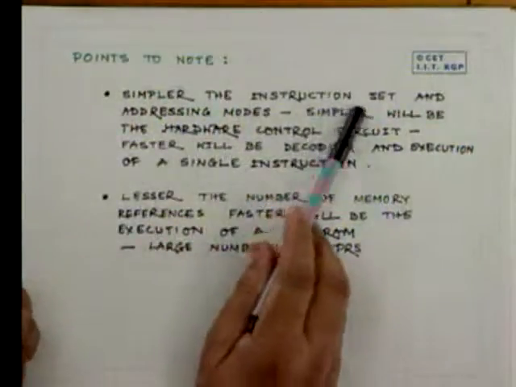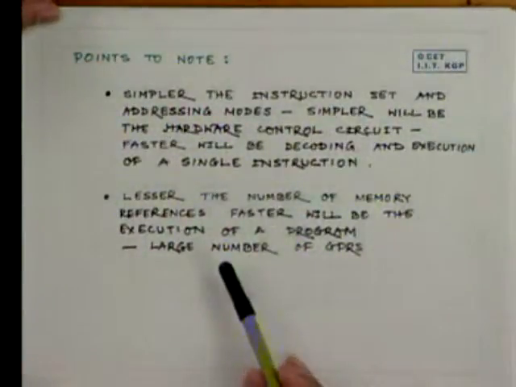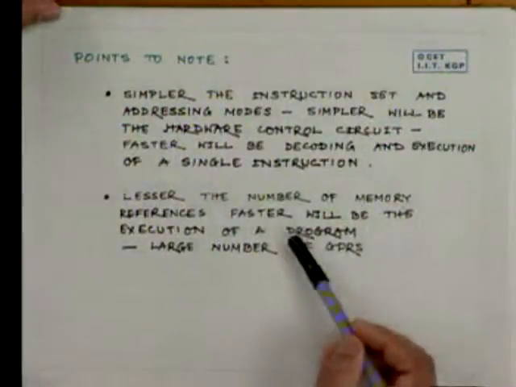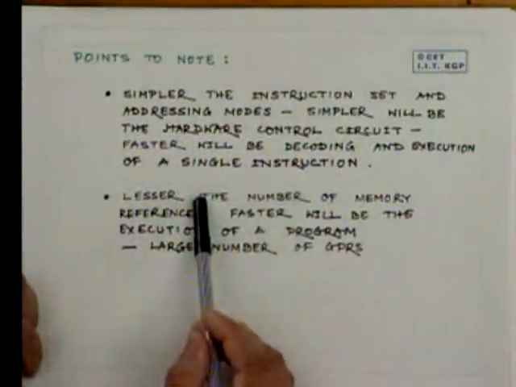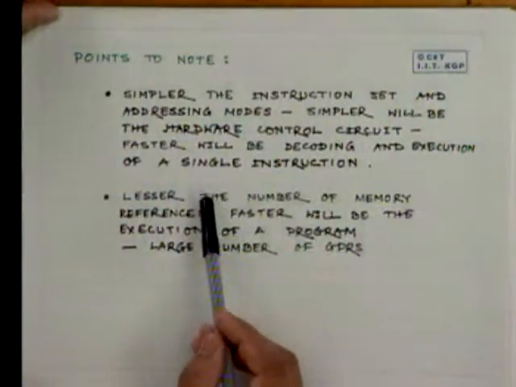Otherwise, it just extends the previous cycle a little bit, and the job can be performed in that cycle itself. Now, with this picture, let us see one thing: if the instruction set is simpler and the addressing mode is simpler, then the hardware control circuit will be simpler as well, which means that we can do the decoding faster and execution of an instruction turns out to be faster, which may lead to the execution of the program being faster.